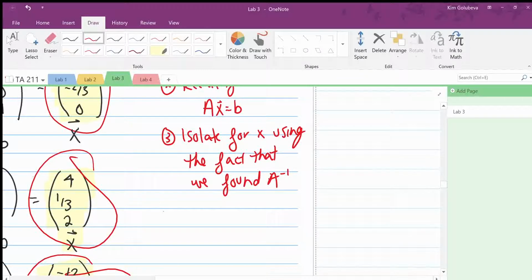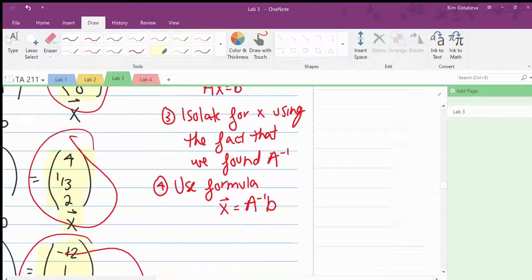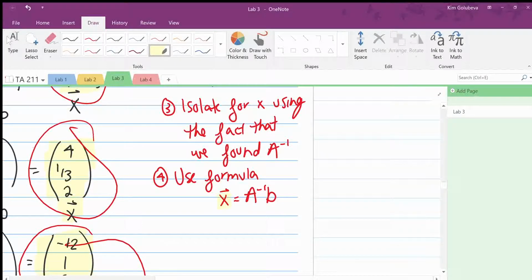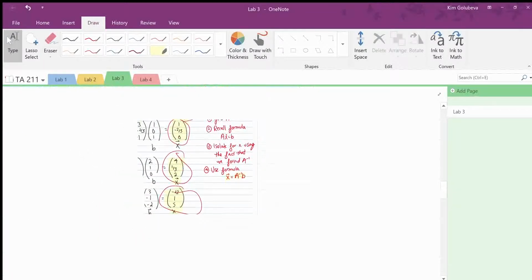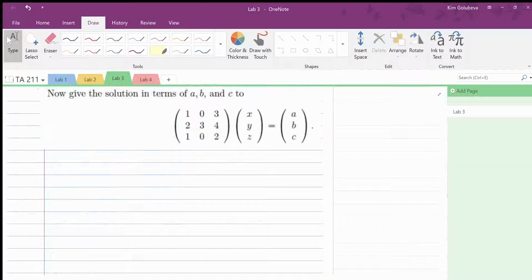And fourth, use the formula X equals A inverse B to find your solution, X. So you're just doing matrix multiplication from that point on. Okay, I hope that makes sense.